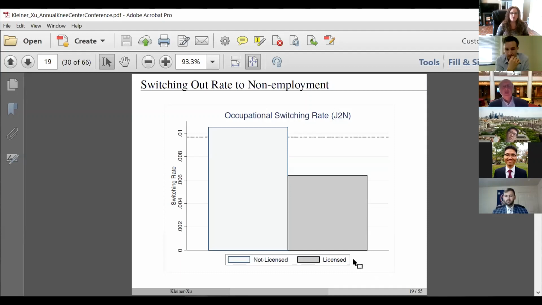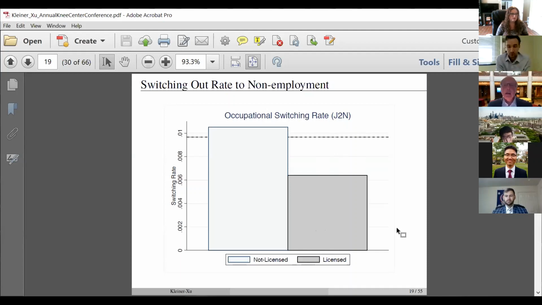Similarly, for job to non-employment, licensed individuals tend to stay in the job a lot longer relative to individuals who are not licensed. You would expect that, since individuals in those jobs who are licensed have an investment. There could be behavioral economics. There could be investments that they take part in.